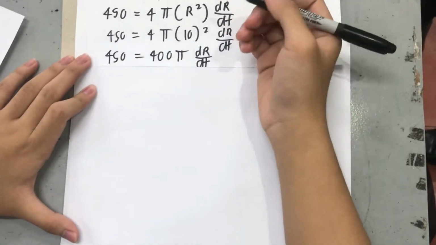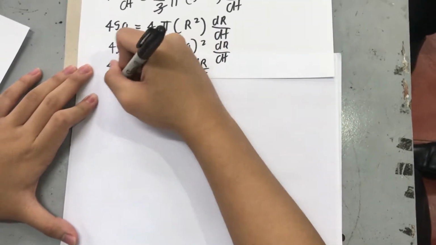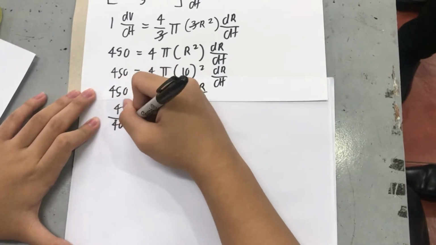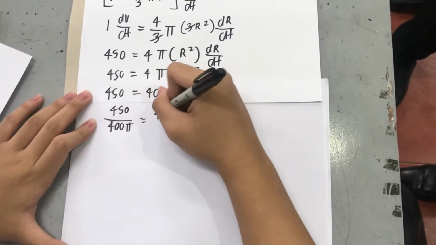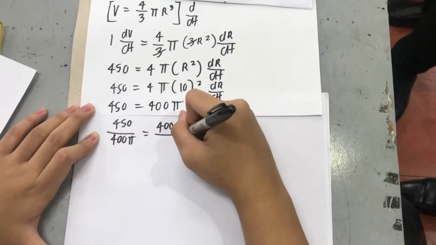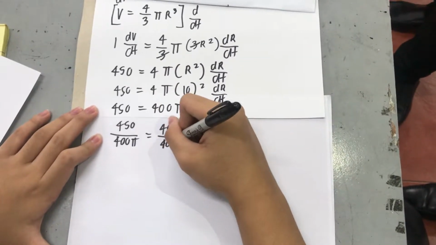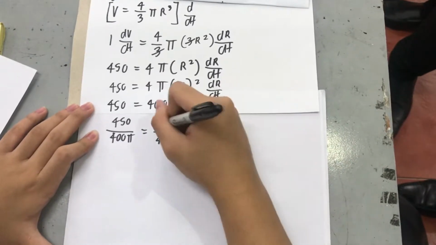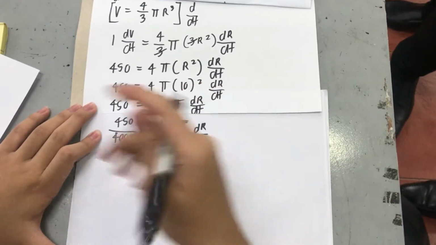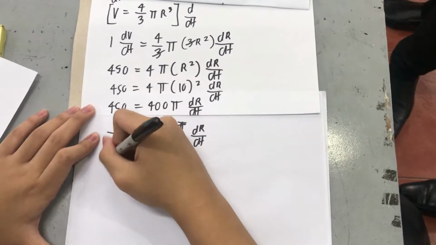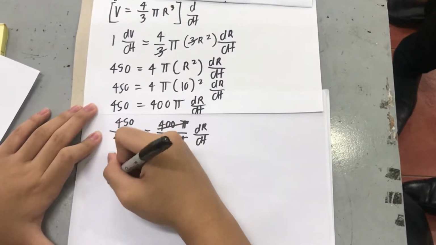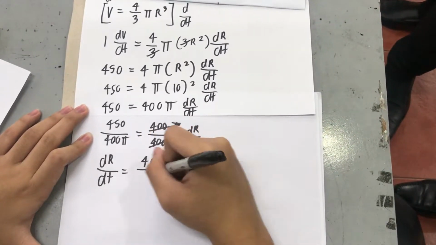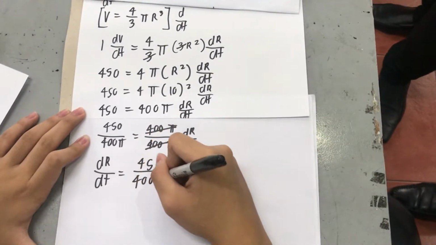So let's divide both sides by 400, which I'm going to write right now: 450 over 400. Cancel out 400 since it's going to divide by itself. So we get dr over dt equals 450 over 400 pi.